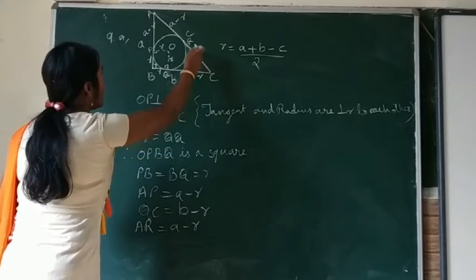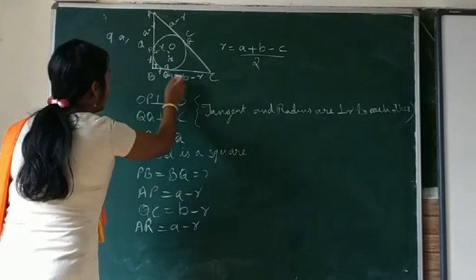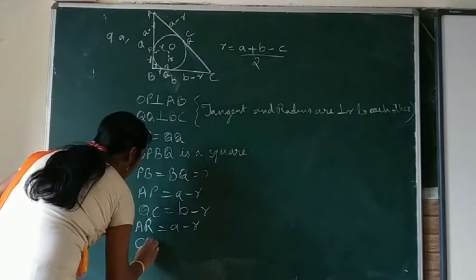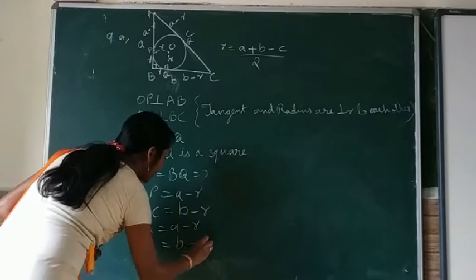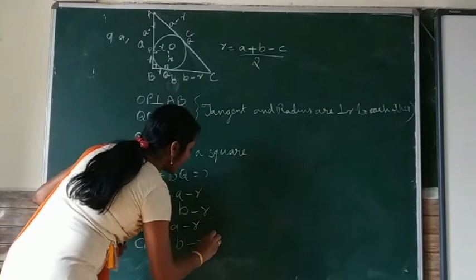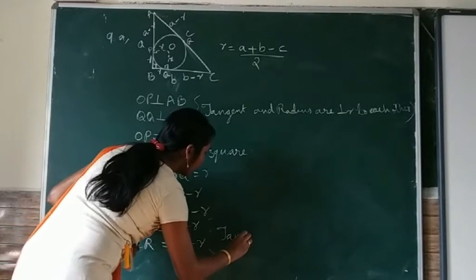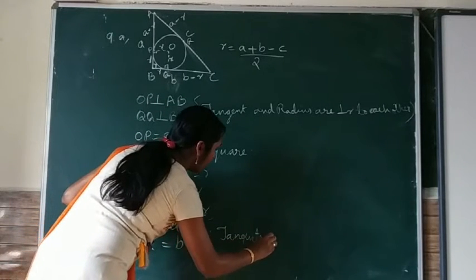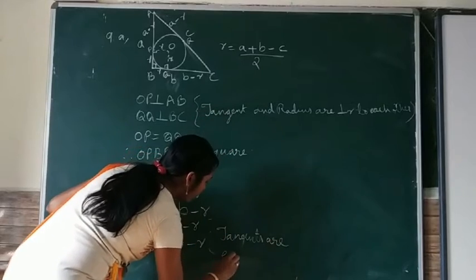That means CR is equal to CQ, that is B minus R. We can write the reason: tangents are equal.